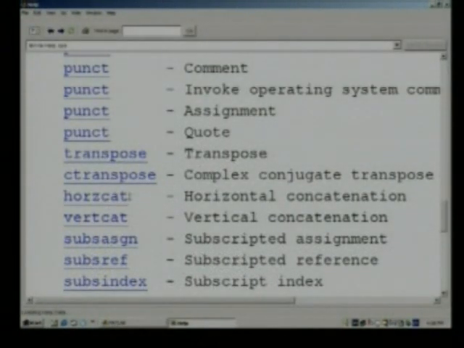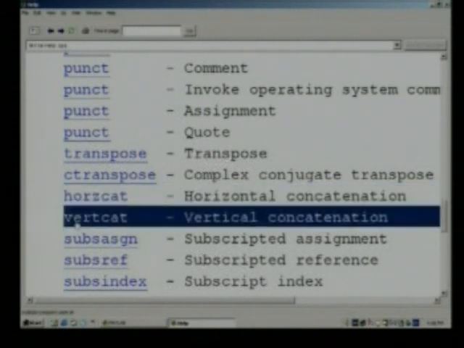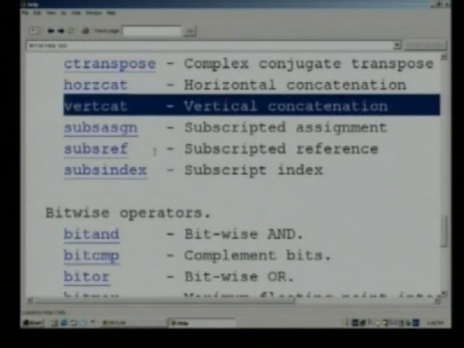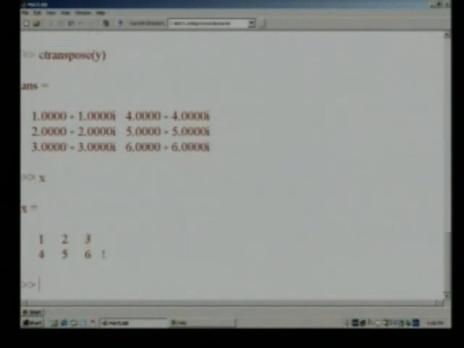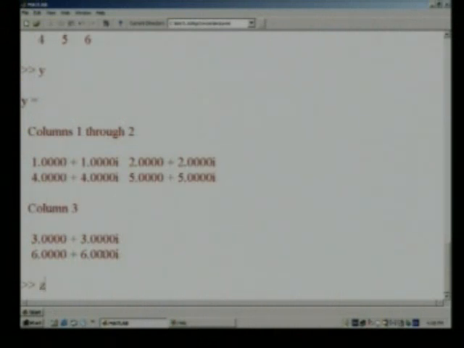Then concatenation, horizontal concatenation and vertical concatenation. What is horizontal concatenation? This is my vector x, and this is my vector y. Suppose I want to create a vector z which is x concatenated y. That means first the x matrix will be kept, which is a 3 by 3 matrix, and by the side the y matrix will be kept.